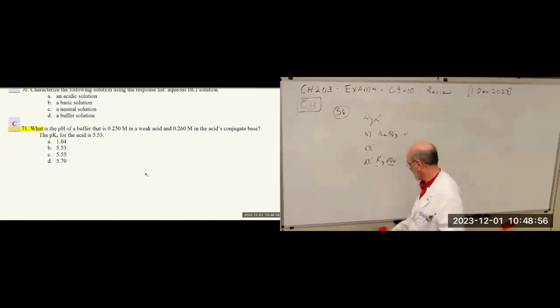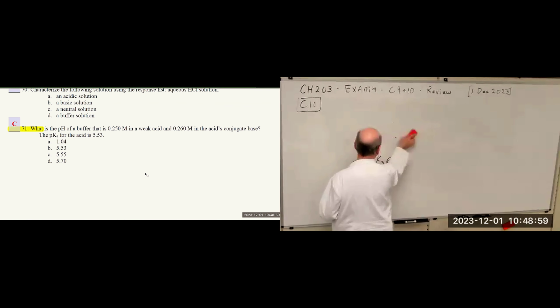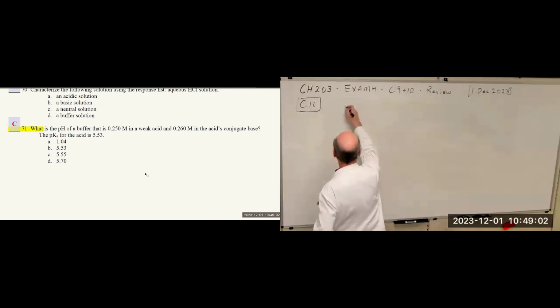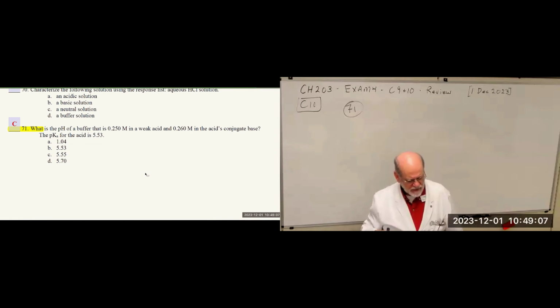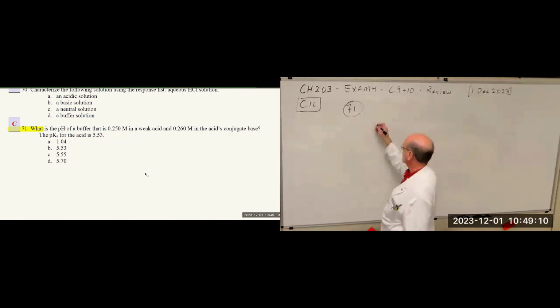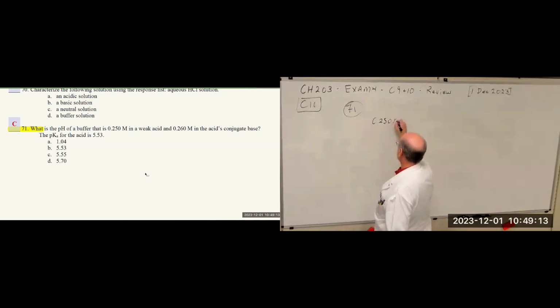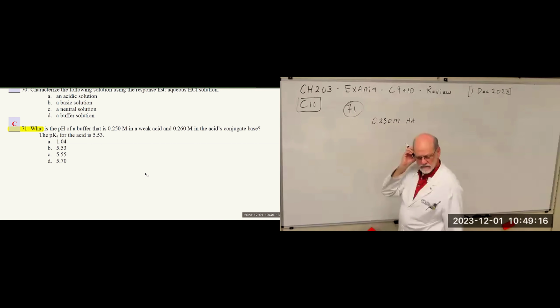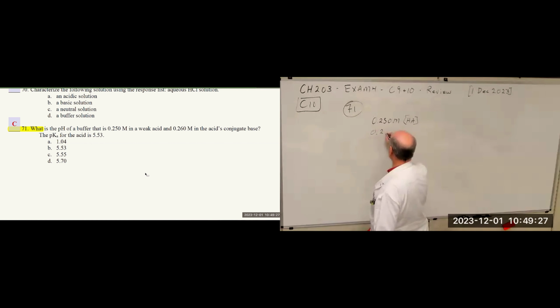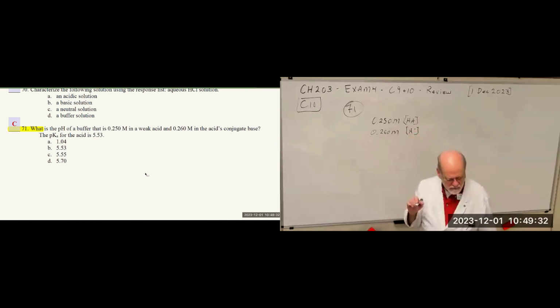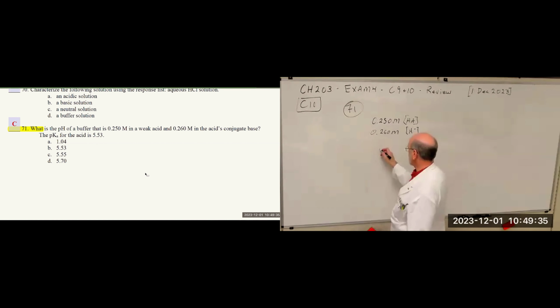Okay, 71. Let's look at that one. What's the pH of a buffer that is 0.25 molar in the weak acid and 0.260 molar in the conjugate base, and the pKa is 5.53?